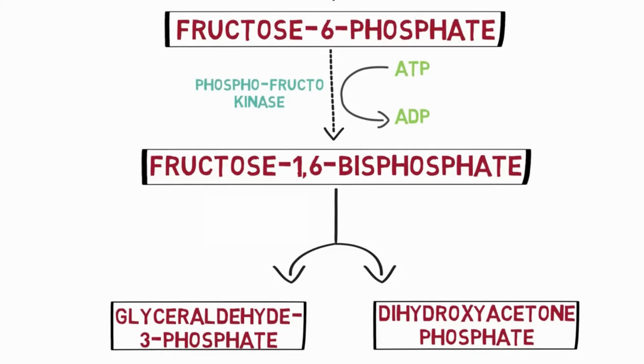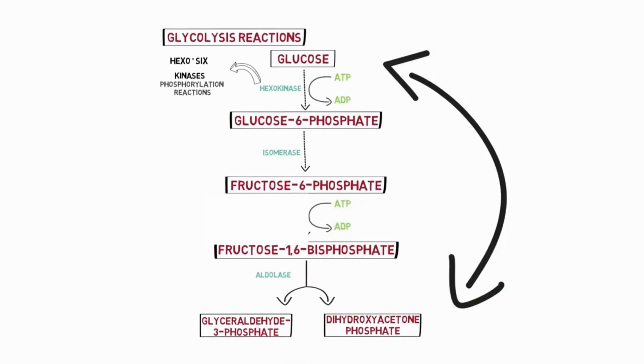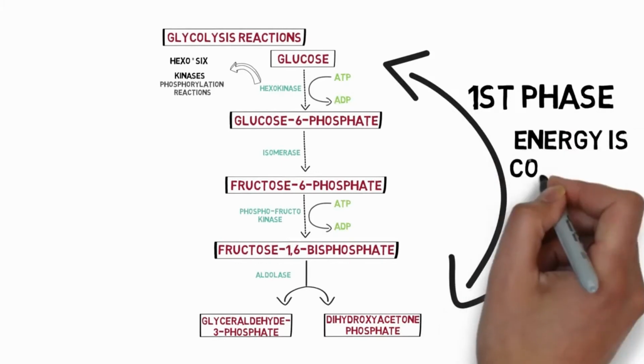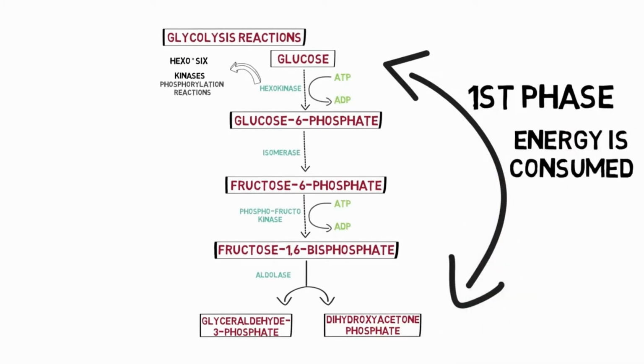But since the glyceraldehyde 3-phosphate is further utilized in the next process of glycolysis, dihydroxyacetone phosphate is enzymatically converted to its isomer, glyceraldehyde 3-phosphate. These 5 steps compose the first phase of glycolysis, which is the energy investment phase, where the energy is consumed in this process in the form of 2 ATPs.